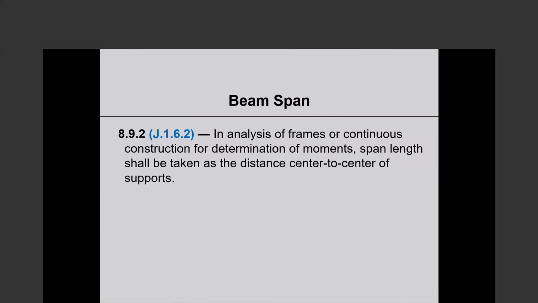In analysis of frames or analysis of continuous construction for determination of moments, span length shall be taken as the distance center to center of supports. This is what 318 and BNBC tell you directly.